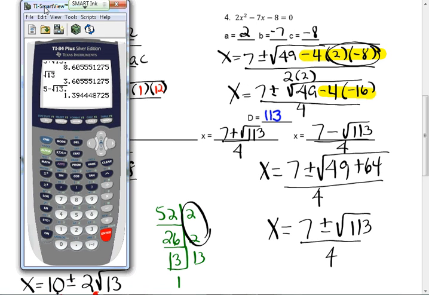Okay, now I do have an 83 or 84 calculator, so I can just type it in as written. For those who have this, you use parentheses, you can just type the whole thing in. I want to do 7 plus the square root of 113. If you have a TX calculator, Sayla, you have to put the decimal point in.